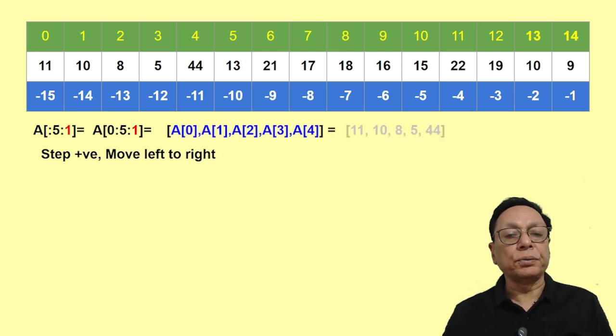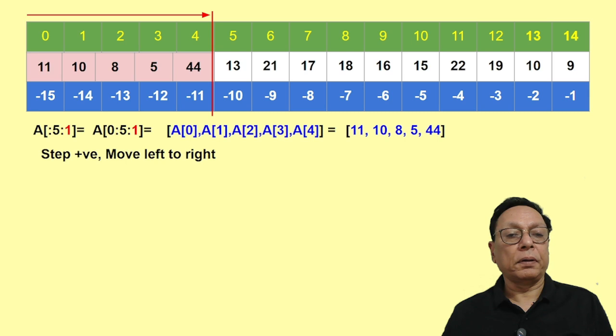A0, A1, A2, A3, A4 will be the values, and the slice is 11, 10, 8, 5, and 14. So this slice will be taken out, and we were moving left to right because the step was positive.